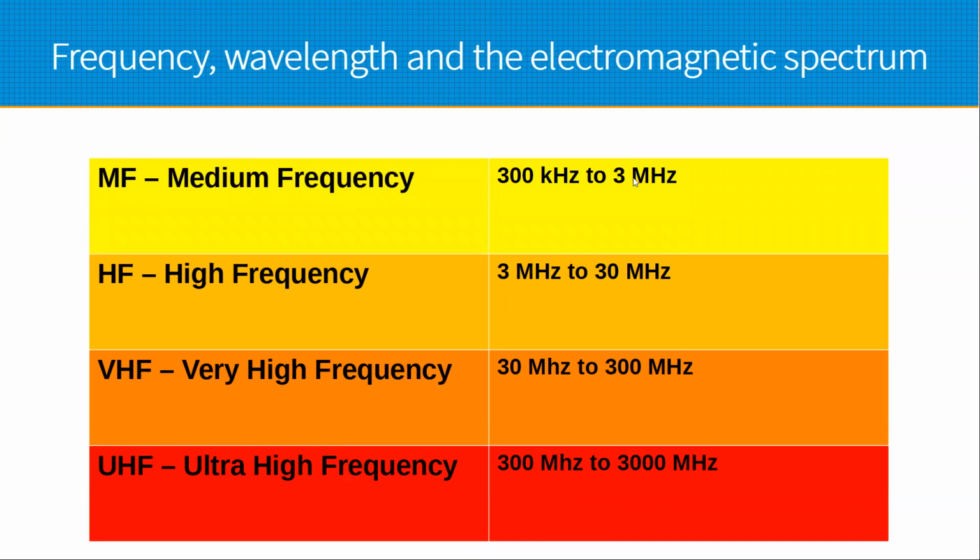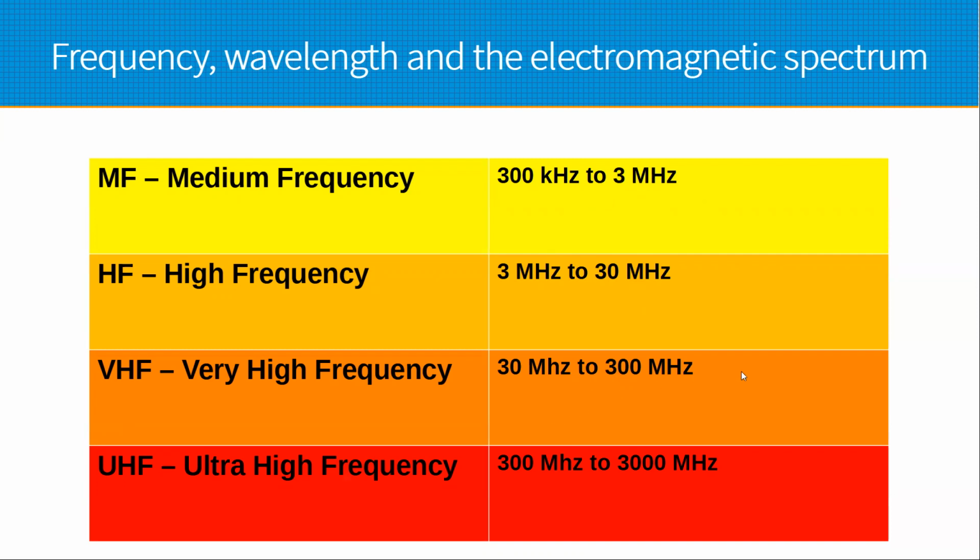This is showing what the frequency ranges are. Medium frequency is 300 kilohertz to 3 megahertz, so the 160 meter band is going to be in there. HF, which is what we normally do, particularly phone, SSB, is 3 to 30. These all go up by tens.